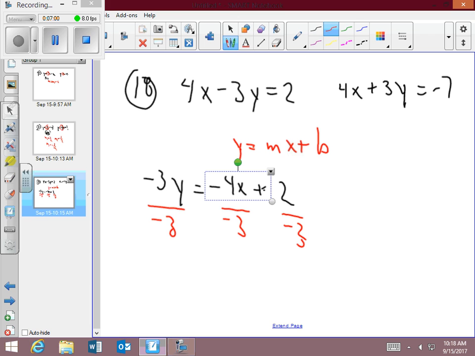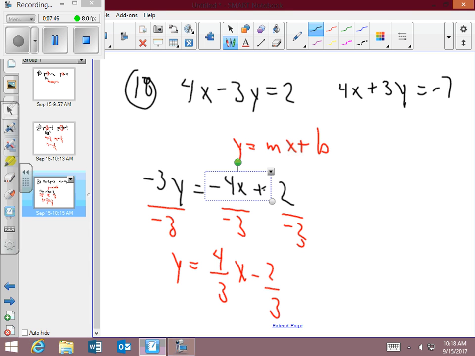Okay. So we've gotten Y by itself right here. Minus 4x over minus 3 is 4/3, positive, right? So it's 4/3 x and negative 2/3. Now, in order to analyze the problem we're doing, which is the important thing? That 4/3, because that's the slope.